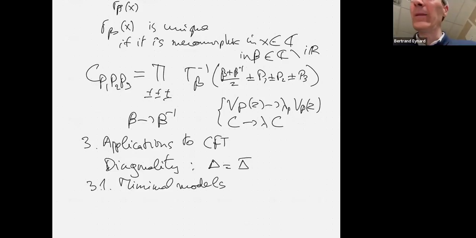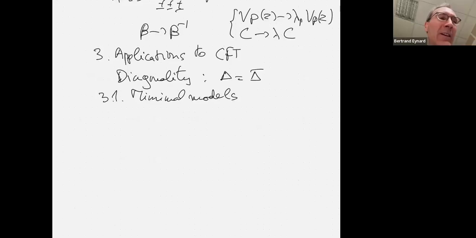So what is a minimal model? I think you have already heard about minimal models, but now I want to define them well as CFTs with a finite number of primary fields. Well, that's probably the definition you know, if you know any definition.